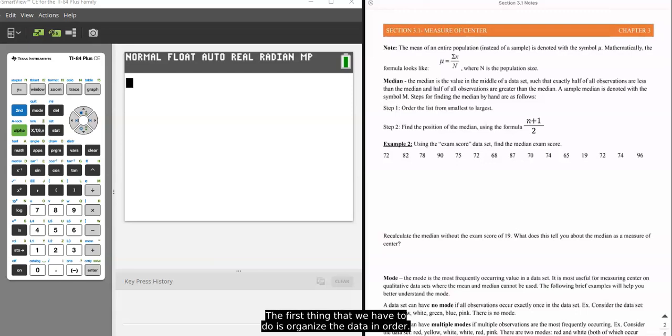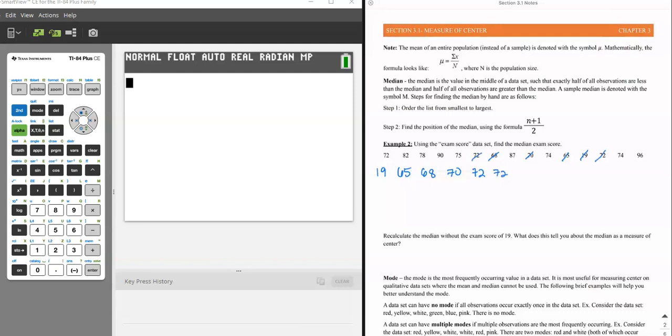The first thing we have to do is organize the data in order. So let's go through and list them. It looks like 65, and I like to cross them out as I go. 68, and then I have 70. Let's see, 72. I have two 72s, oh, nope, I have one more 72.